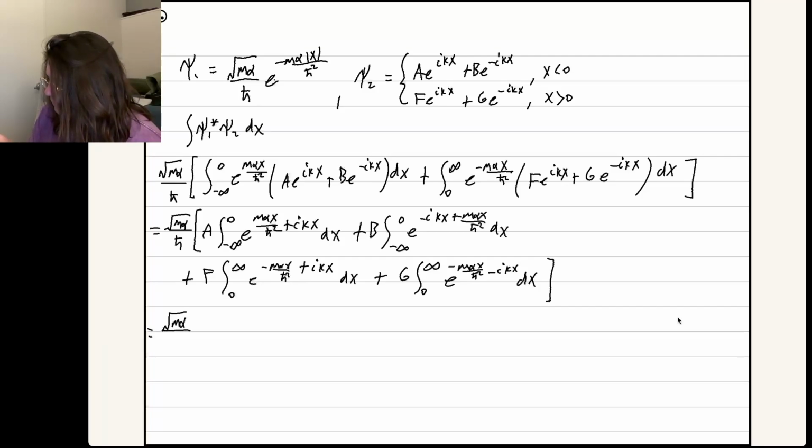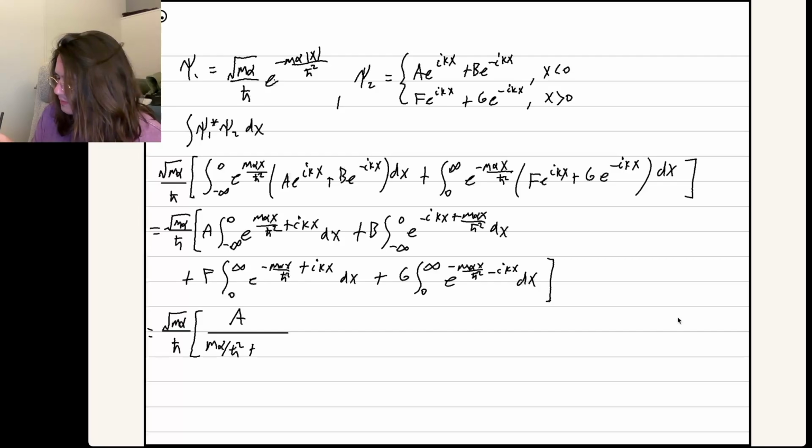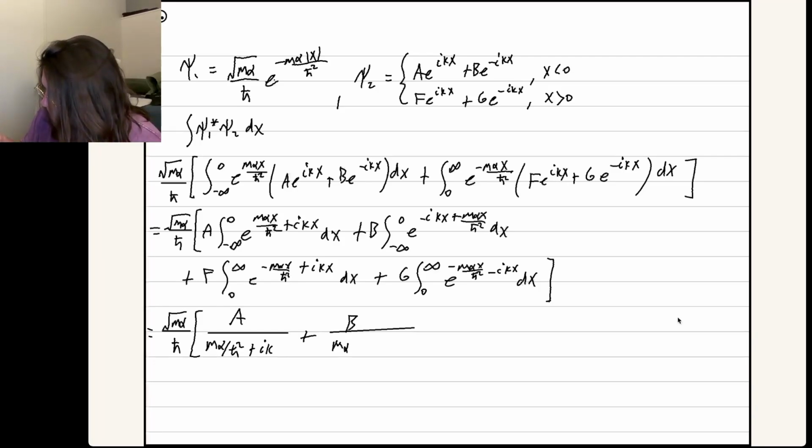Now, all these integrals are pretty easy. For the 0 to minus infinity ones, we keep the positive contributions, so it's a over m alpha over h bar squared plus ik, and plus b over m alpha over h bar squared minus ik.